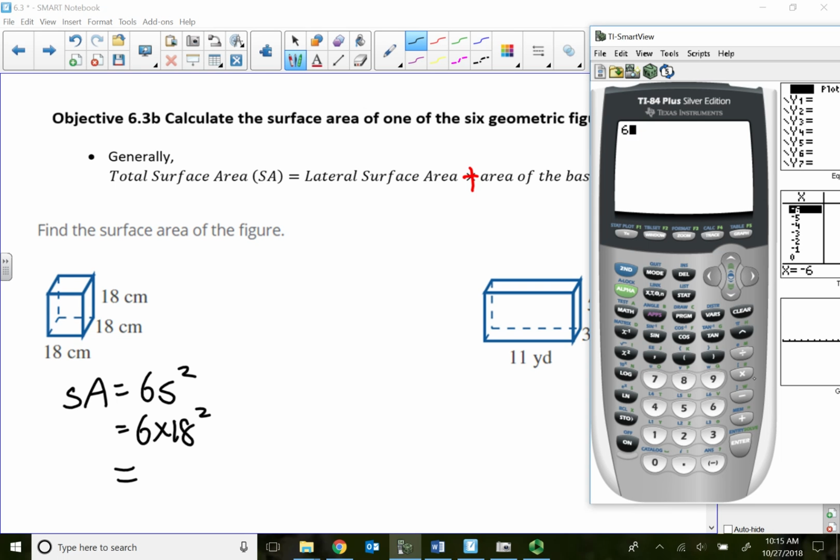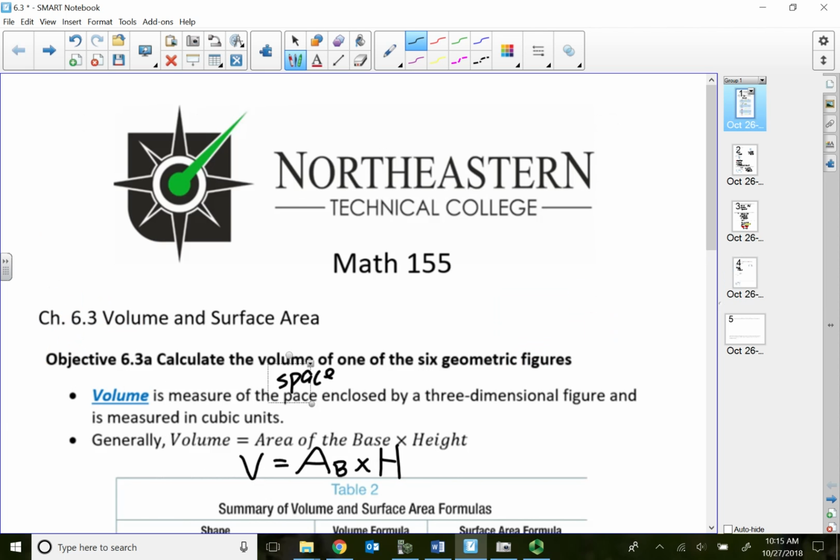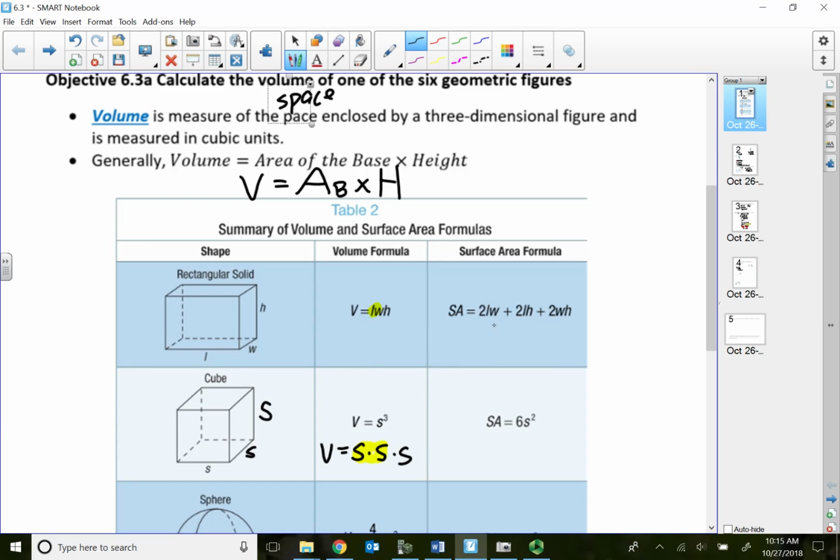So 6 times 18 squared, all right, 1944. This is surface area, so that will be square centimeters. All right, this one right here is a rectangular solid. Let's see, my formula sheet says 2LW.